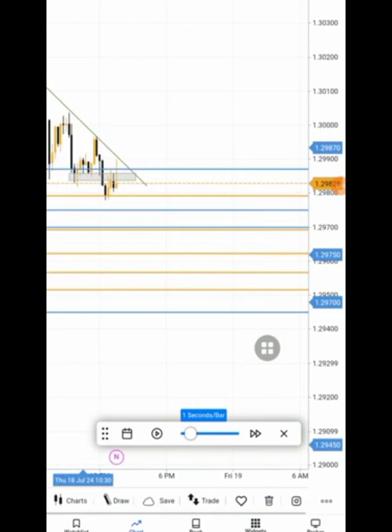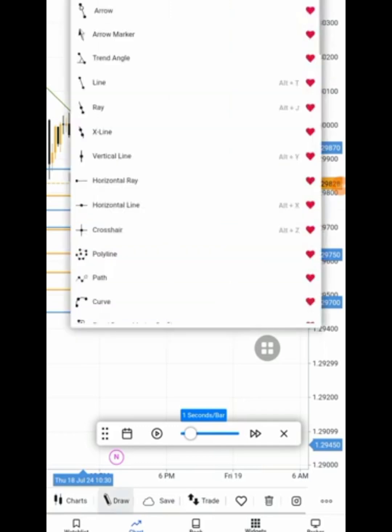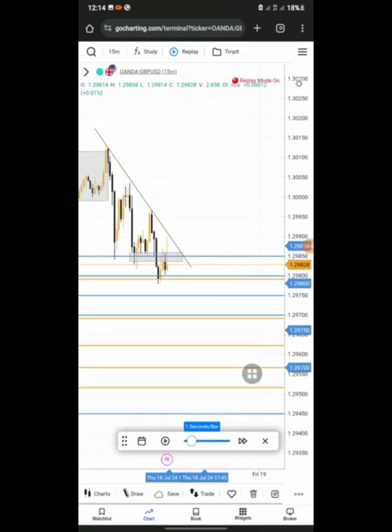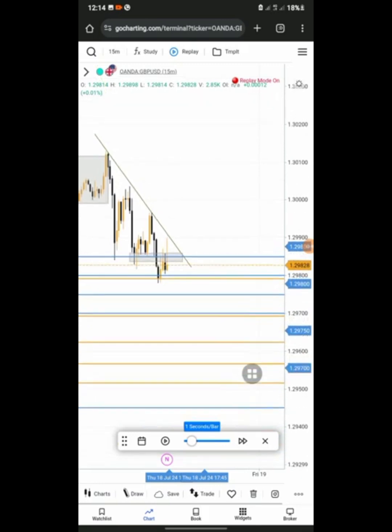No, this one is 29870. So I will look for 29865. 29865. Psychological level.